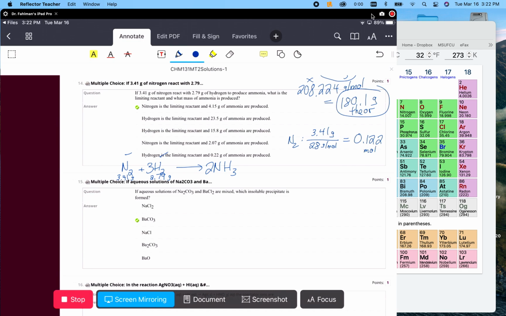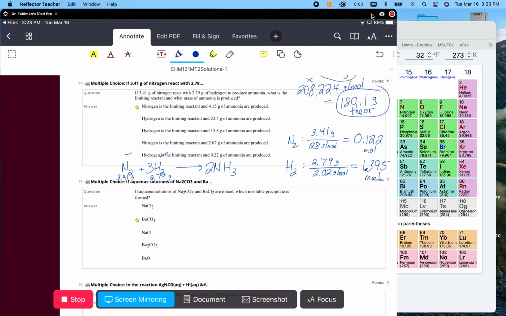So 3.41 divided by 28 gives you 0.122 moles. And then hydrogen, we have 2.79 divided by 2, because again, you have 2 hydrogen atoms per molecule. So 2.79 divided by 2 gives you 1.395 moles.